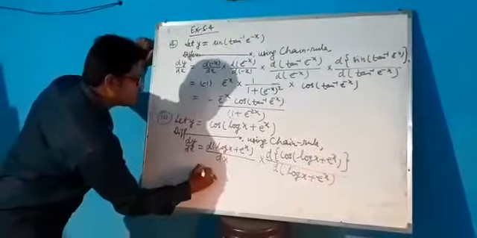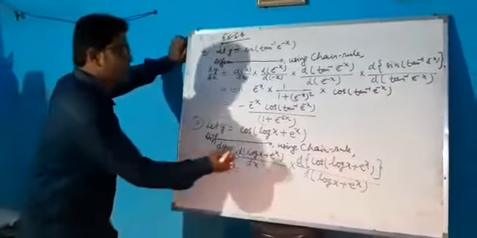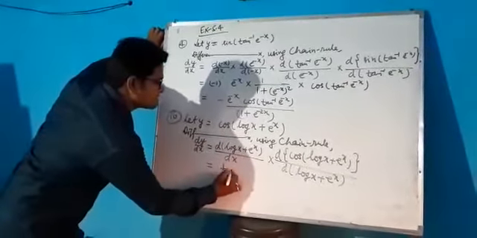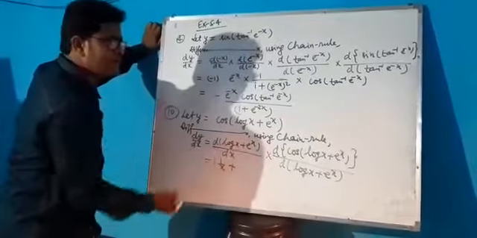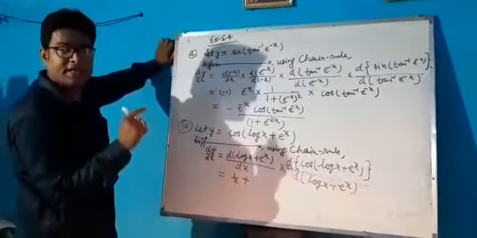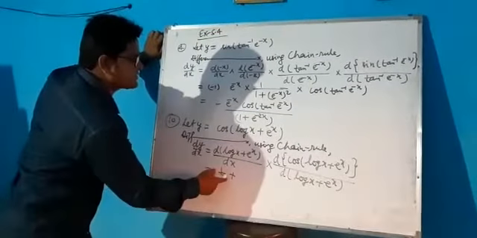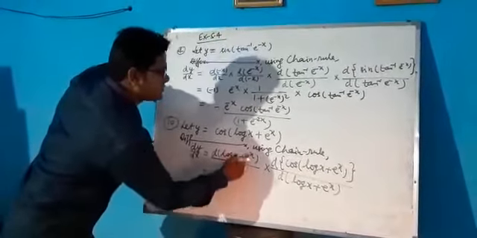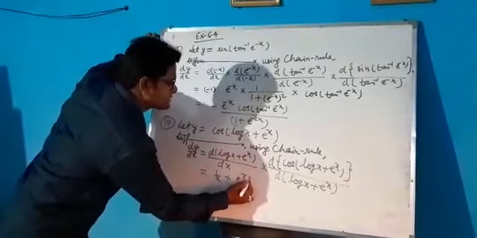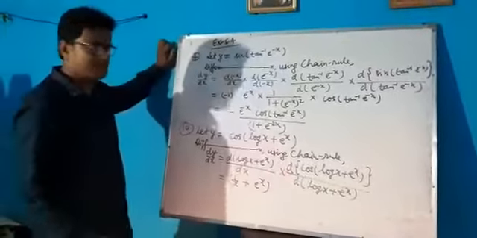Derivative of log x is 1 by x, where log x means natural logarithmic function of x with base e. Plus derivative of e to the power x is e to the power x. This is your first derivative.